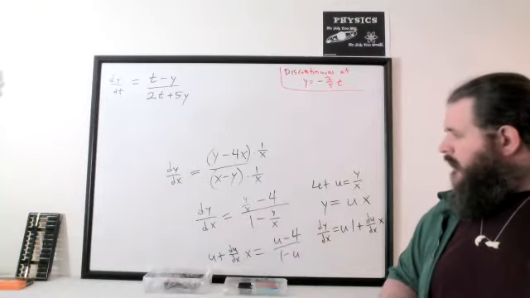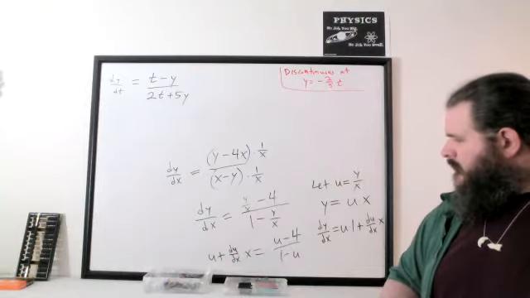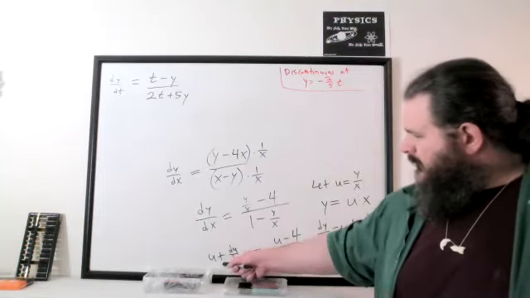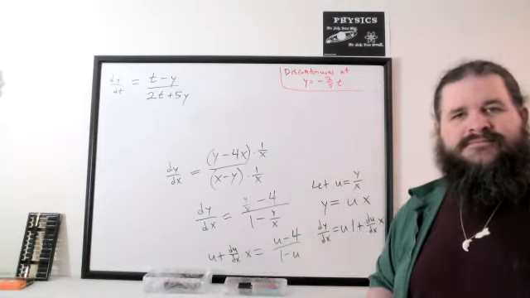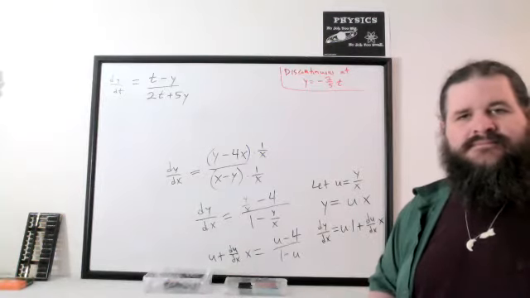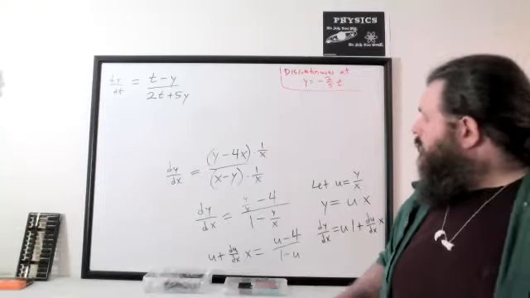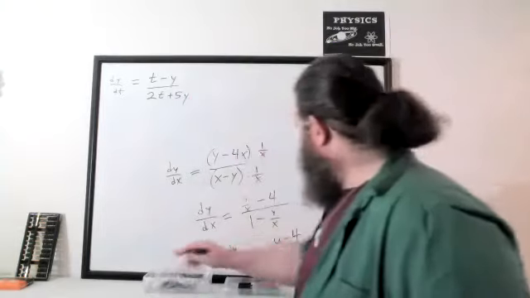And is that going to help? First of all, is there any way we could get rid of this plus u? Or do we just subtract it on both sides? Yeah, one thing we could do here is subtract u from both sides.